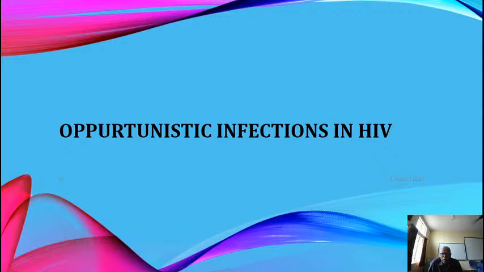Suppose if I take fungal infections in HIV, I have to cover superficial, intermediate and deep fungal infections. Even if I take a prototype like cryptococcal infection, it takes a full 1 hour. So instead of that, I decided to speak only about the common opportunistic infections present in HIV patients.